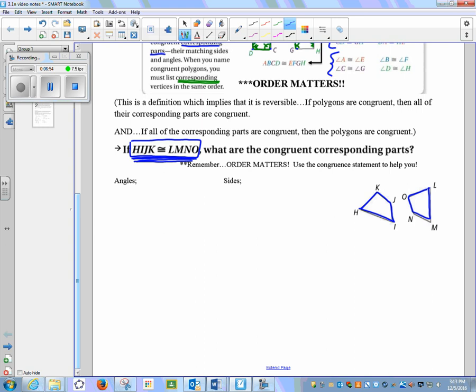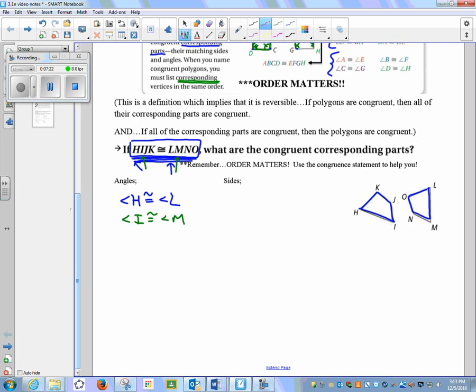So I know just by looking at this statement that H is in the first position and L is in the first position, so I know that angle H must be congruent to angle L. And keep going. I is in the second position, M is in the second position, so angle I is congruent to angle M, etc. You could keep going with those angles. I want you to finish that on your own.